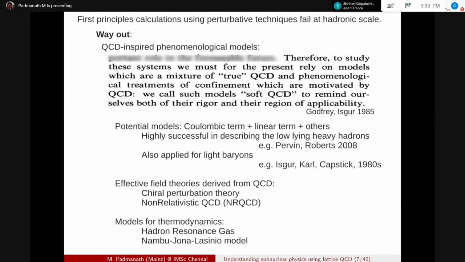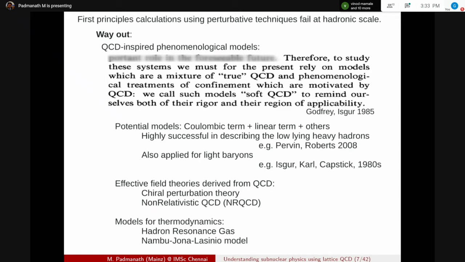So these kinds of things are studied using effective field theories such as chiral perturbation theory for the light hadron sector. Similarly, for the heavy hadron sector, there are effective field theories such as non-relativistic QCD or heavy quark effective field theory. There is even heavy hadron chiral perturbation theory, etc.